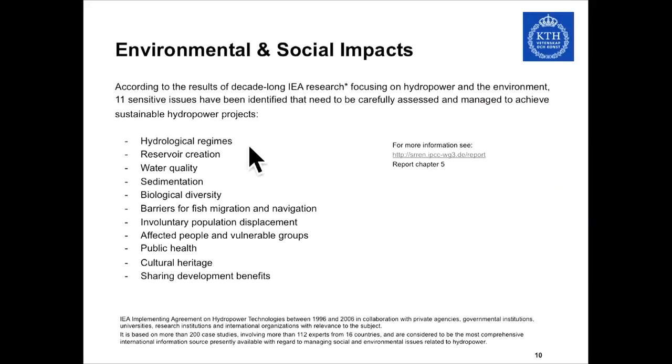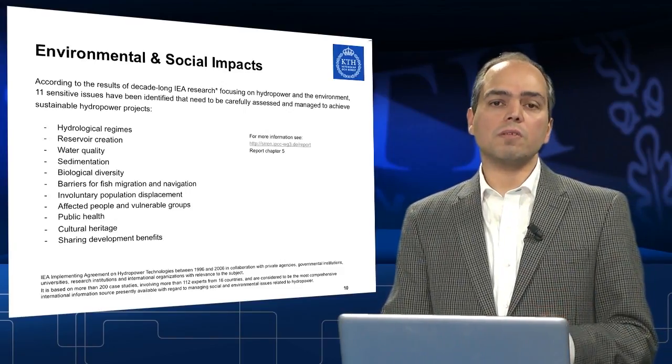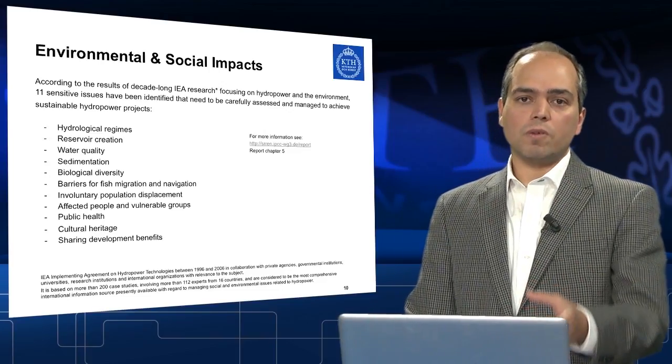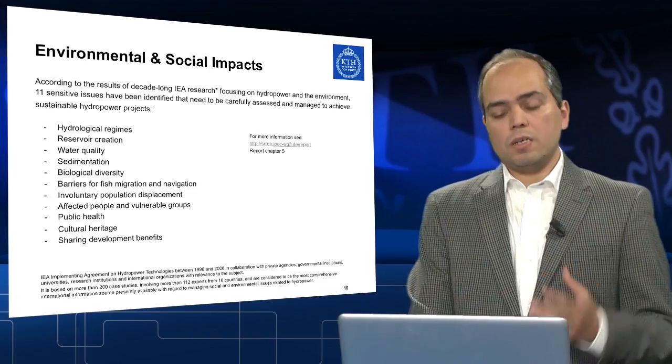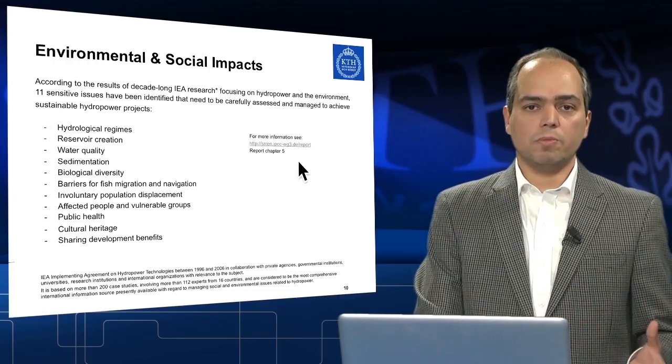They are hydrological regimes, reservoir creation, water quality, sedimentation, biological diversity, barriers for fish migration and navigation, involuntary population displacement, affected people and vulnerable groups, public health, cultural heritage, sharing development benefits. So whatever comes into the debate for environmental and social aspects of hydropower, it lands in one of these 11 categories.